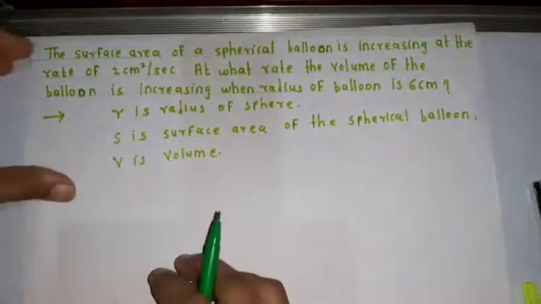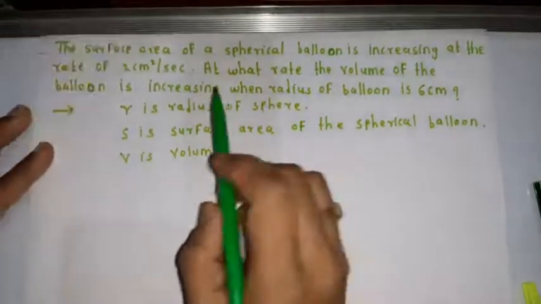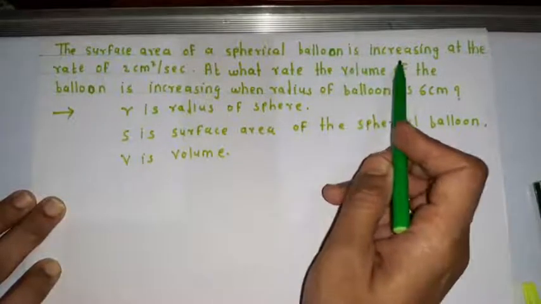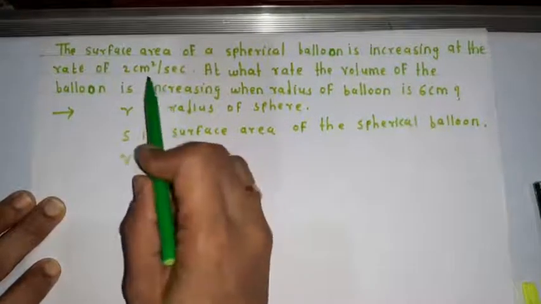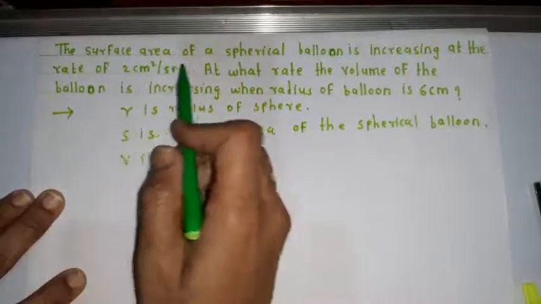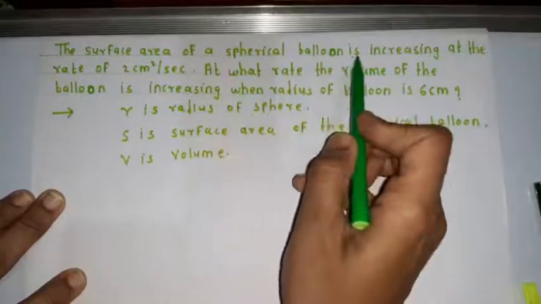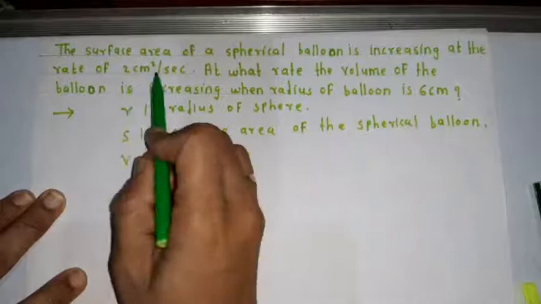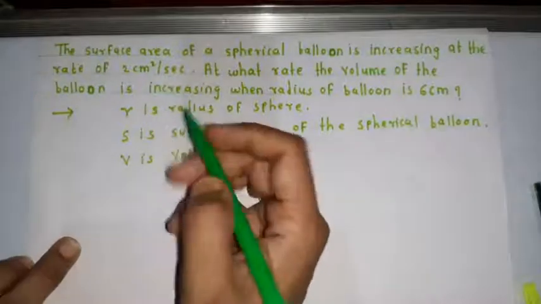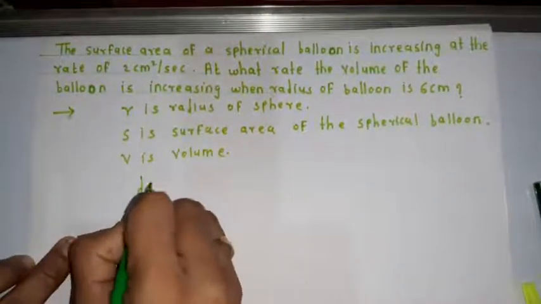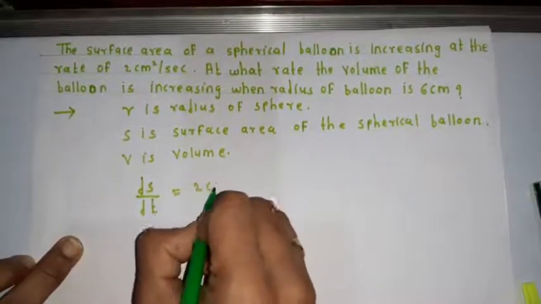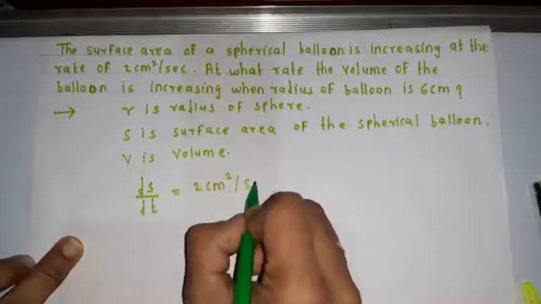Okay students, so see here the given things from the problem. The surface area of the spherical balloon is increasing at the rate of 2 square centimeter per second. So what is given? The increasing rate of surface area is given, and that is ds by dt equal to 2 square centimeter per second.